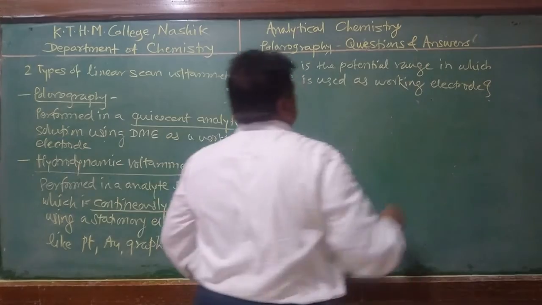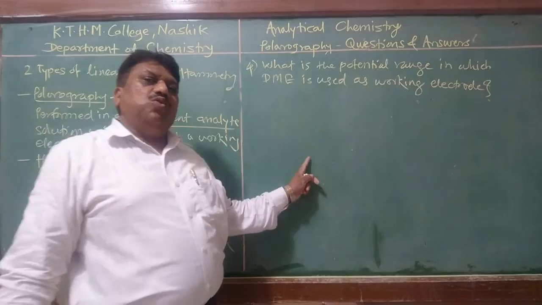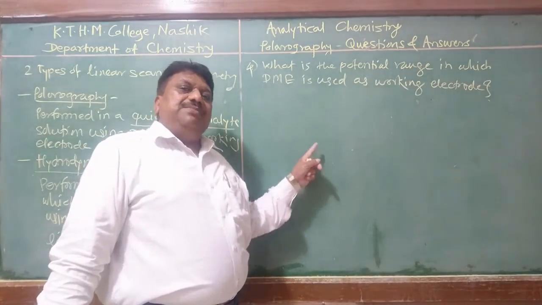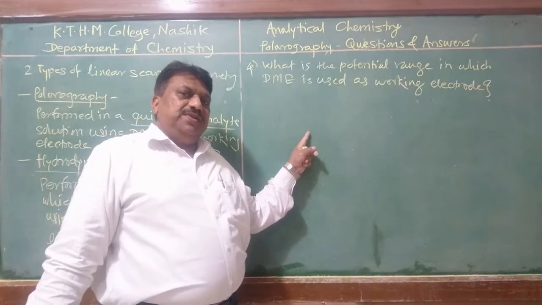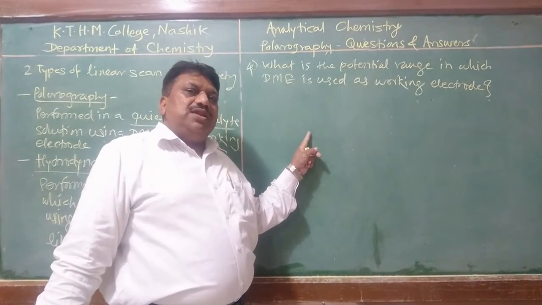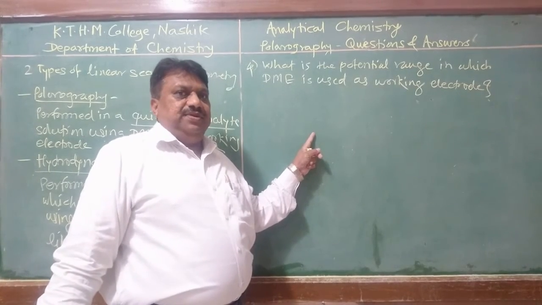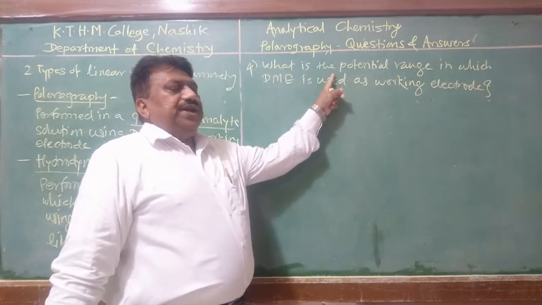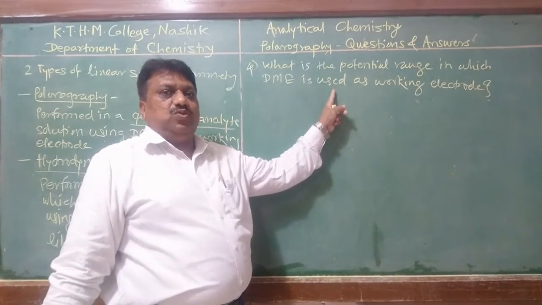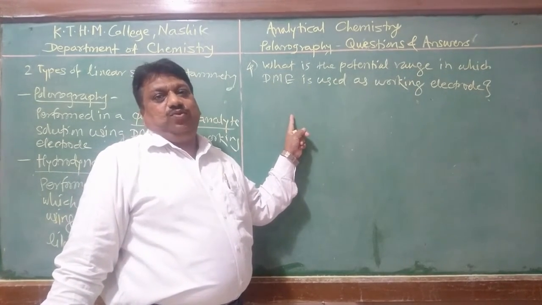We know that the working electrode in polarography or voltammetry is a microelectrode, meaning the dimensions of these electrodes are very small, a few square millimeters. Therefore, with application of a small linearly increasing potential, these electrodes get easily polarized. The potential range in which the dropping mercury electrode acts as a working electrode is plus 0.4 volt to minus 1.8 volt.